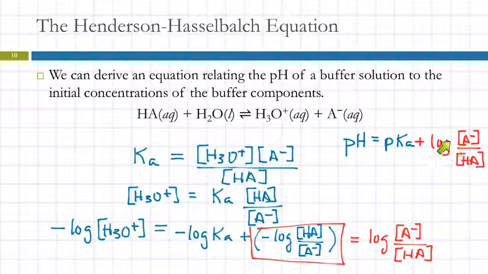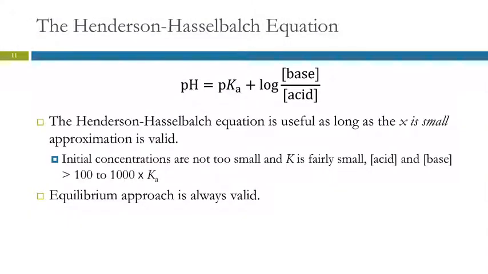If we know the concentrations of the weak acid and its conjugate base, and we know the Ka of that weak acid, we don't have to set up a nice table. We can use this equation and calculate the pH. So there it is typed out.